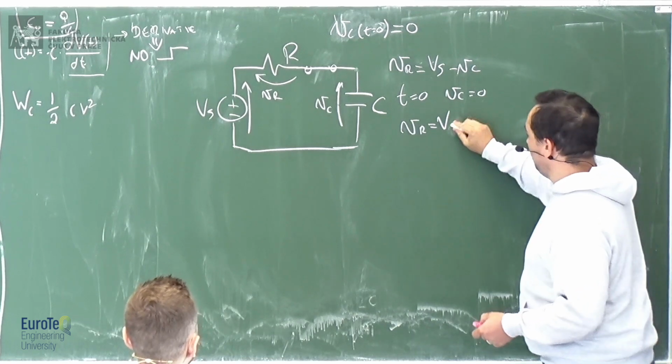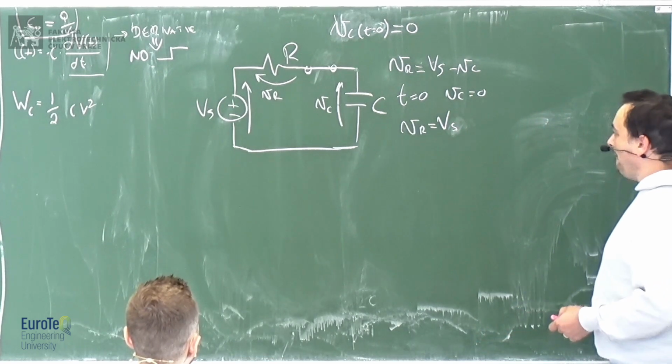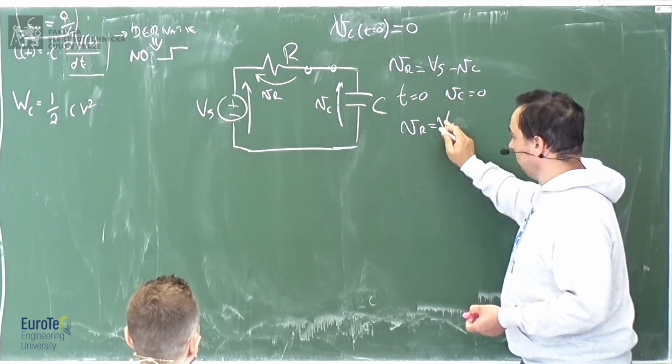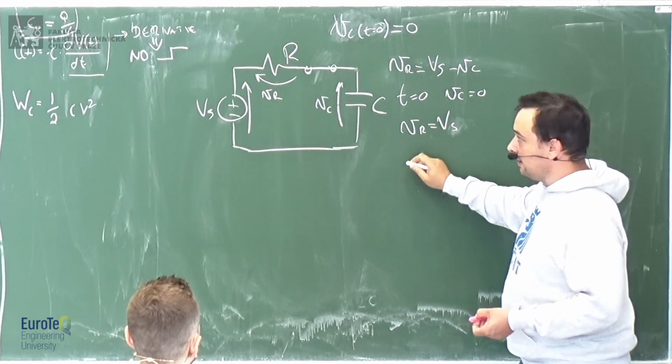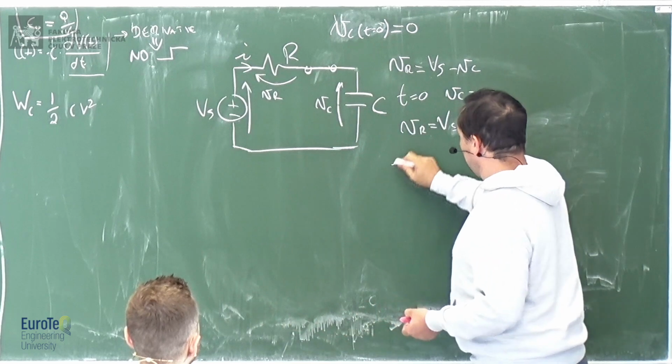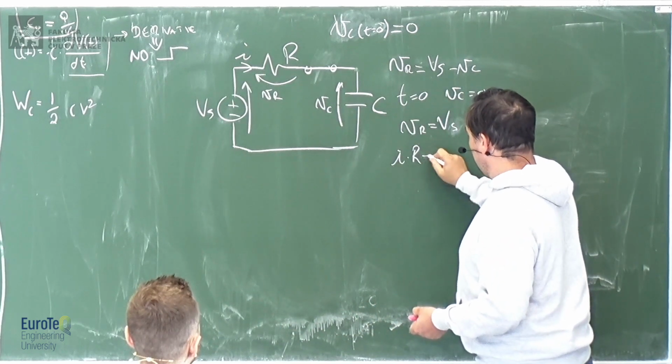But VR is also the resistance and the current. So we can describe the current as IR.